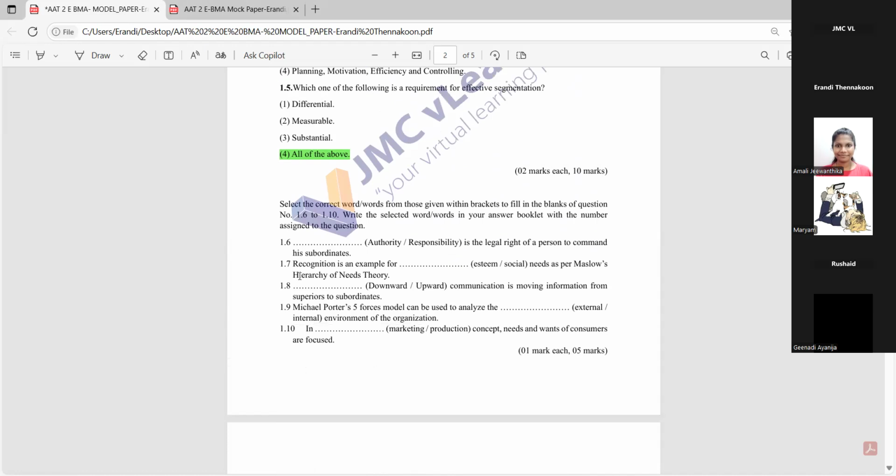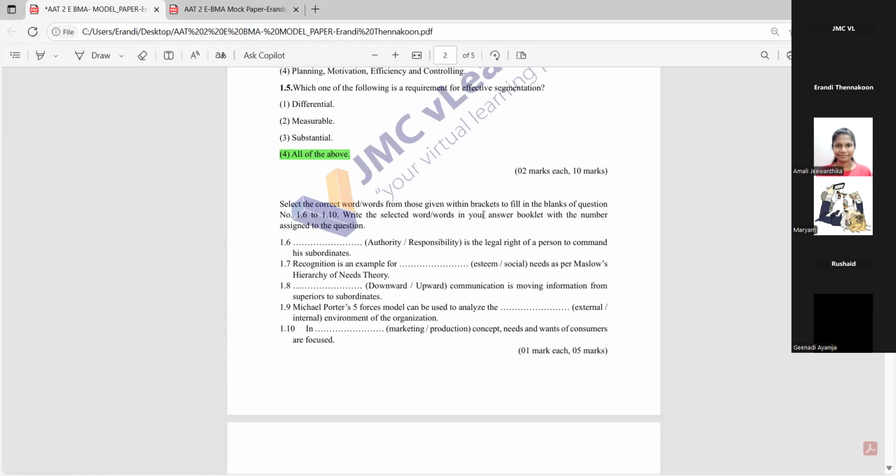So we are moving to the second part of the first question. Select the correct word or words from those given within brackets to fill in the blanks of questions 1.6 to 1.10. Write the selected word or words in your answer booklet with the number assigned to the question.